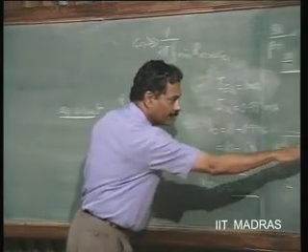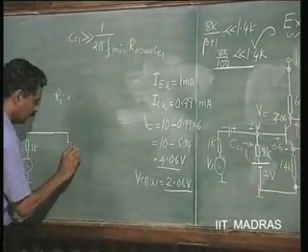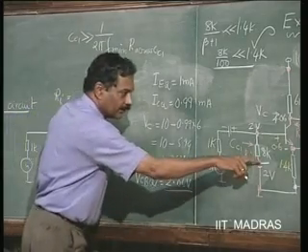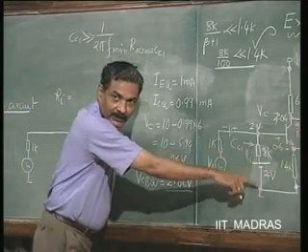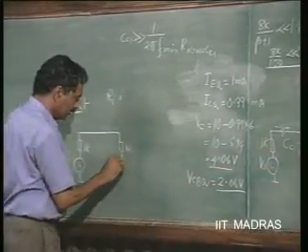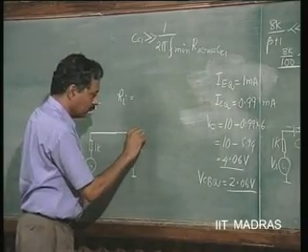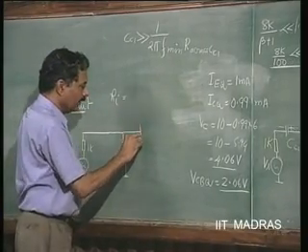Then we have 8K, and this is at a constant potential, and therefore, this is a short. Then we come to the base.